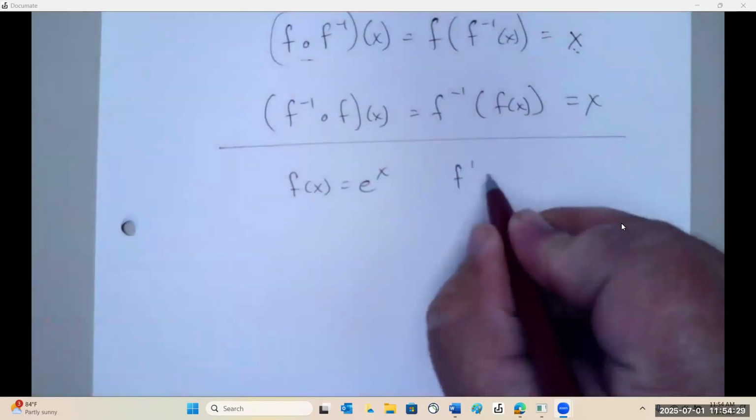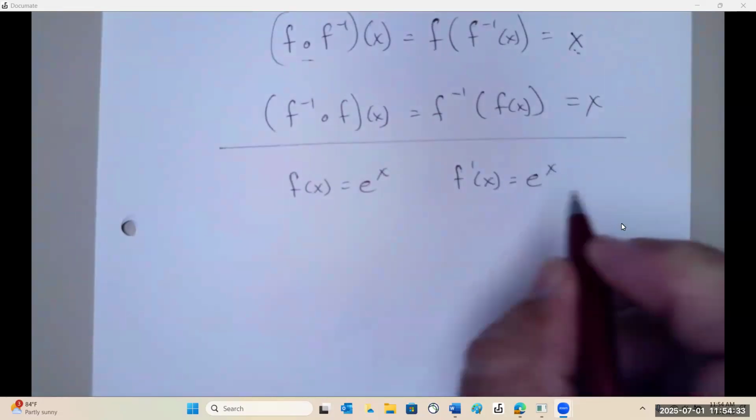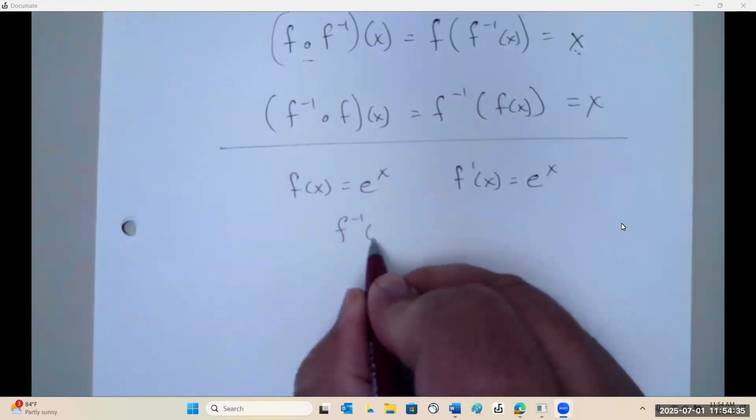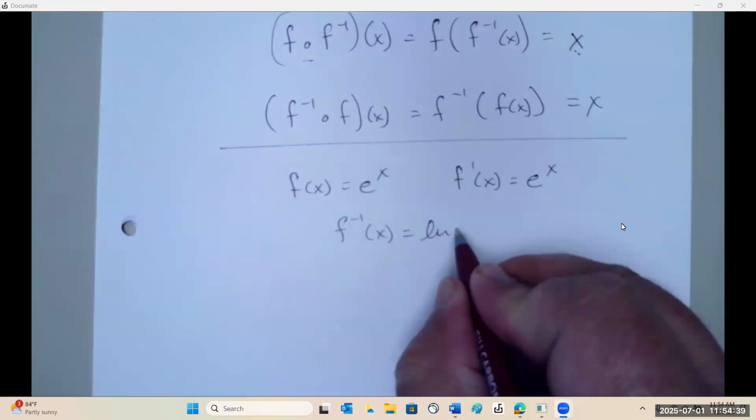So let's say our function is e to the power x. What is its derivative? E to the power x. What is its inverse? ln x.